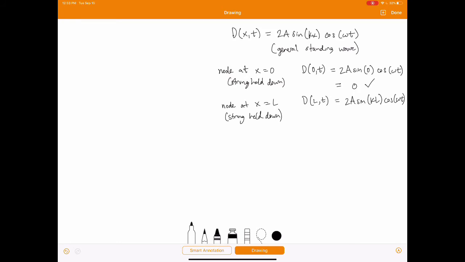But the thing is, this has to be 0. The displacement when x is equal to L has to be 0 for all times. For any time t that you plug in, we have to get 0 displacement. So what that means is this part right here, sine kL, must be 0.